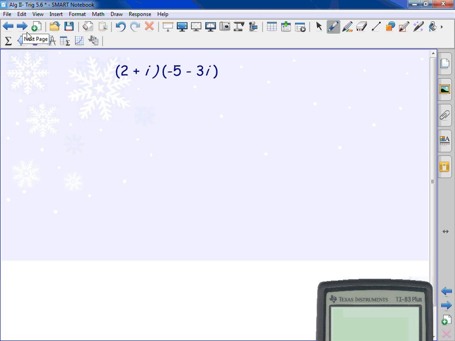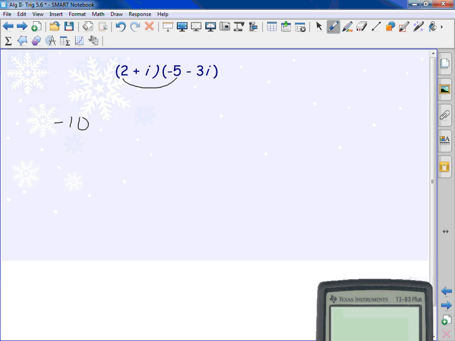Here's this problem. We're going to FOIL it. So I have 2 plus i times negative 5 minus 3i. What's 2 times negative 5?